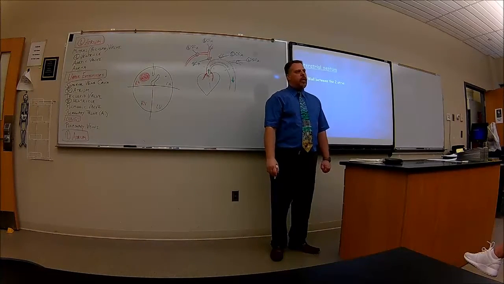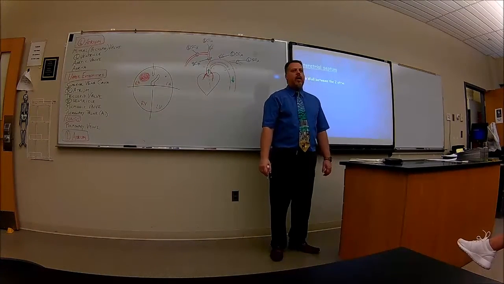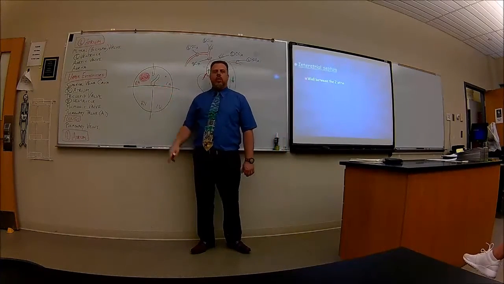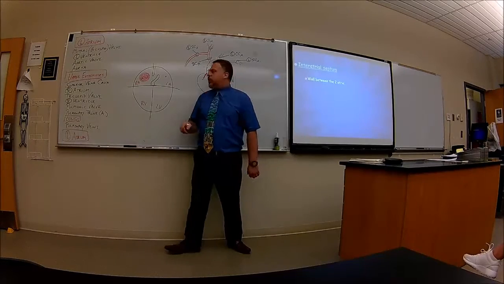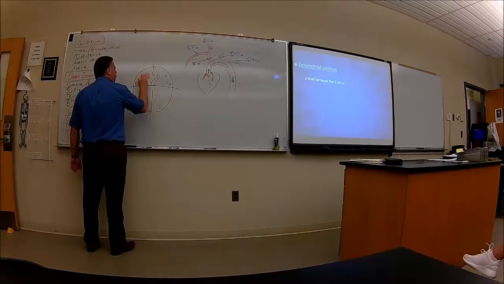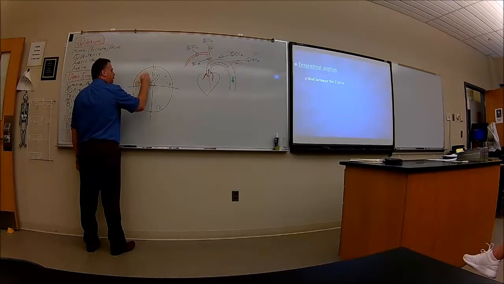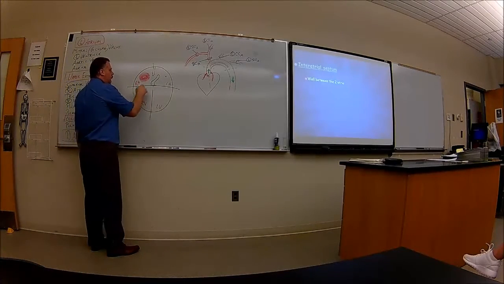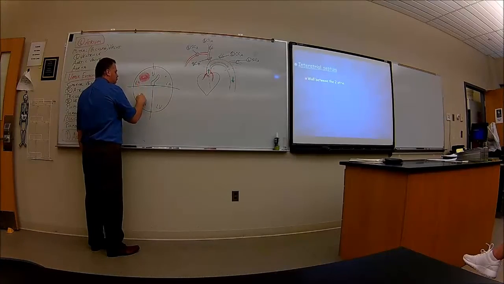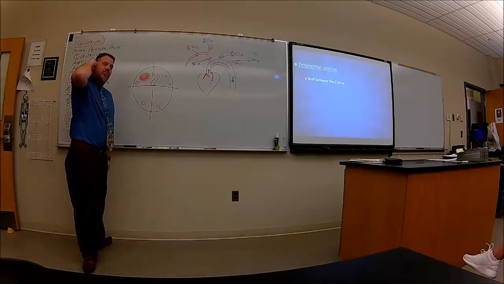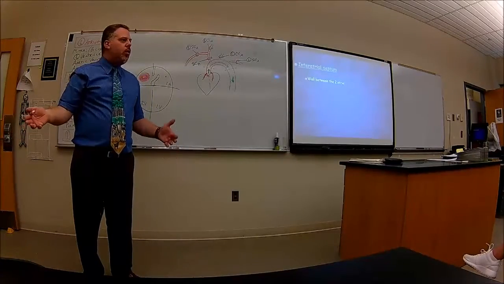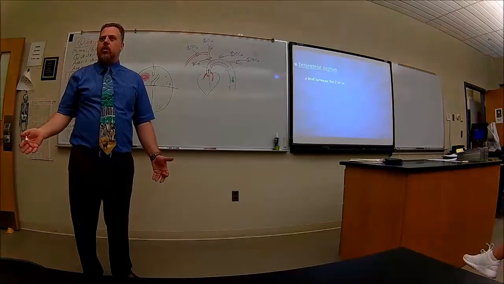It's a different story in the adult, or the child for that matter. The pressure is very high over here, but low over here. But in a fetus, the pressure and oxygenated blood is very high here in the right atrium. But we don't need it to go to the right ventricle, to the lungs. Like I said, there's no relevance for oxygenated blood going to the lungs.